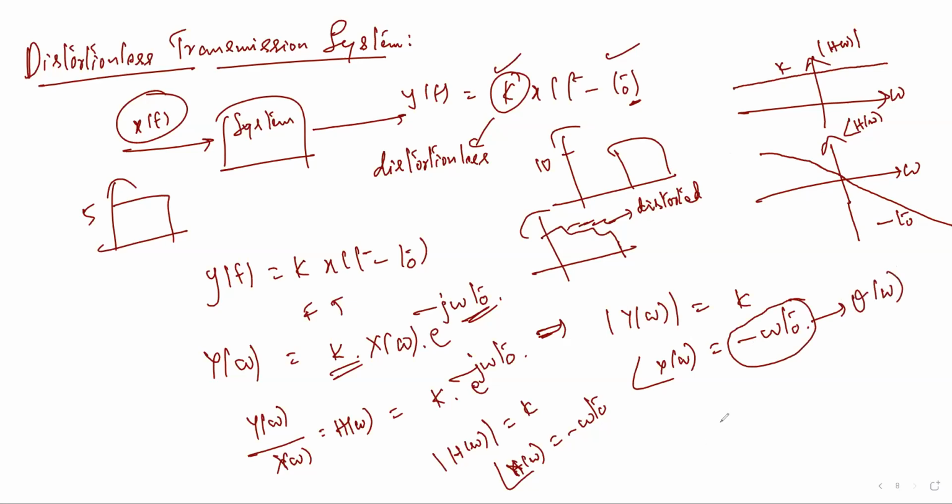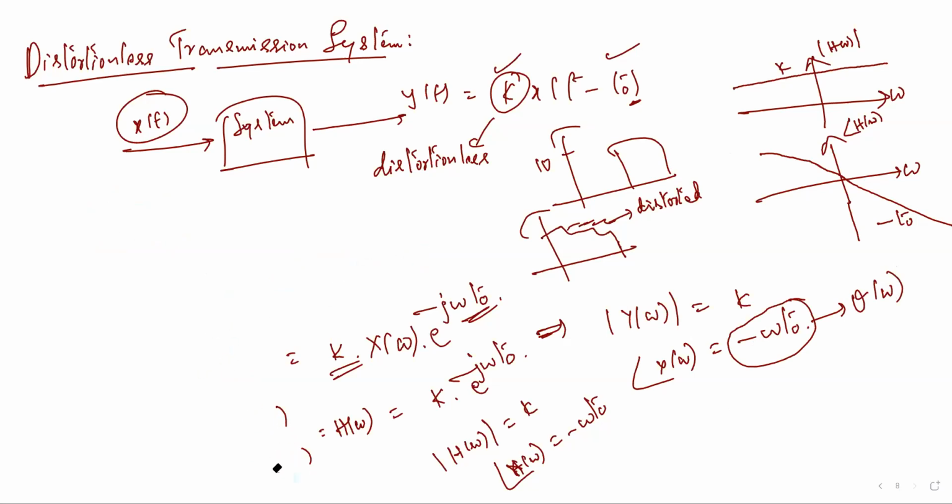Then for this function, if you know the phase, what are the phase delay and the group delay? Let us determine here on the left hand side of the page. Here I want the phase delay.